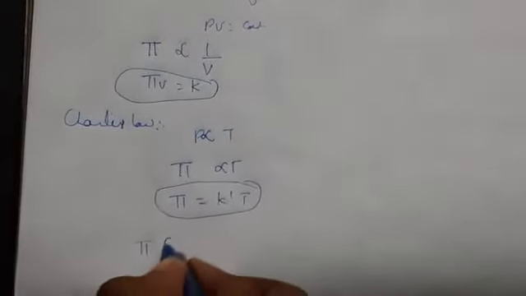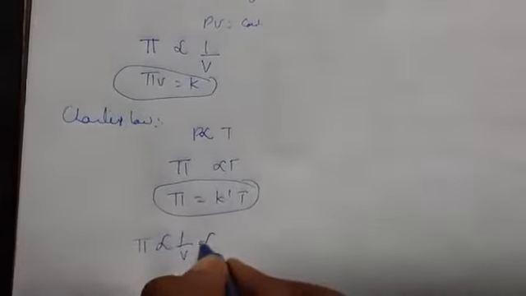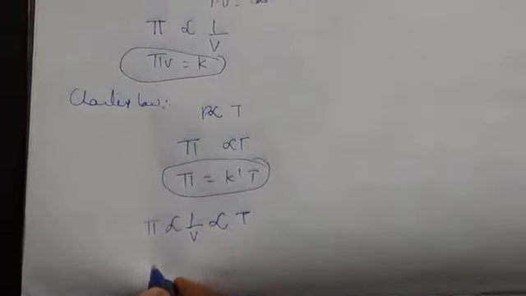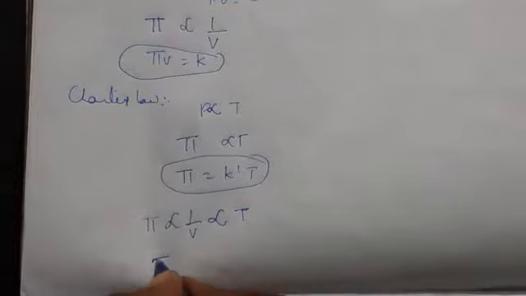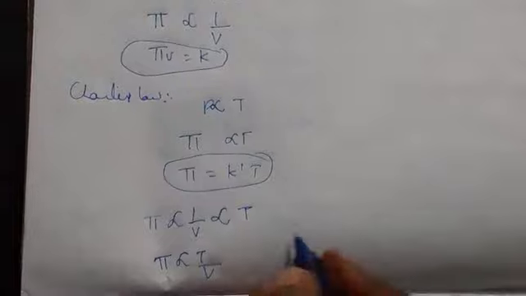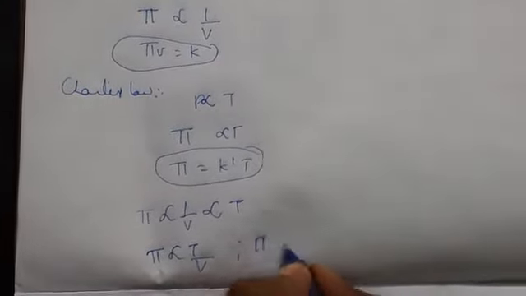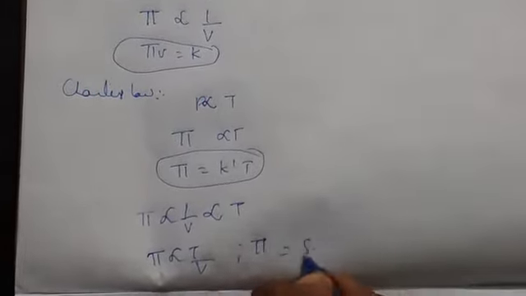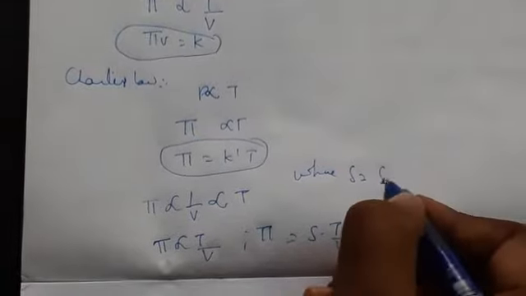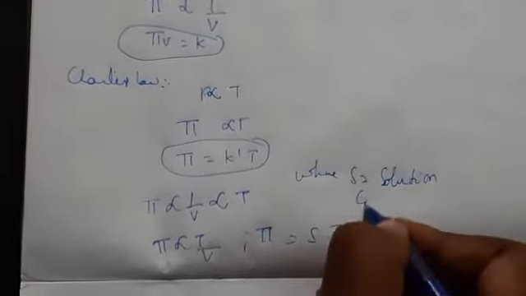As we know, pi is inversely proportional to volume, that is, proportional to 1 by V, and pi is directly proportional to T. So we can write pi is proportional to T by V. To remove the proportionality, pi equals S into T by V, where S is a constant, the solution constant.